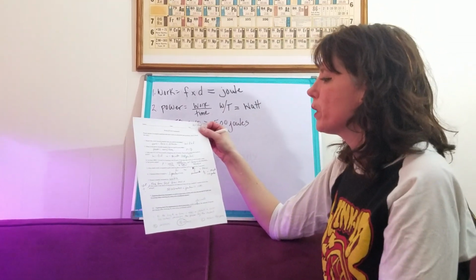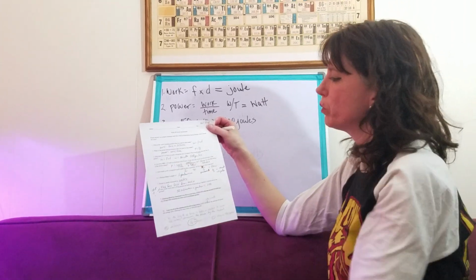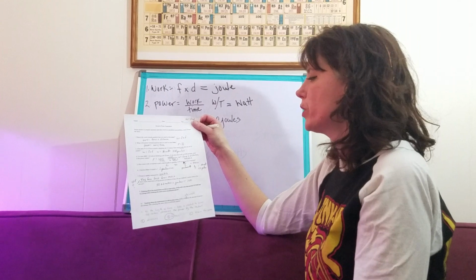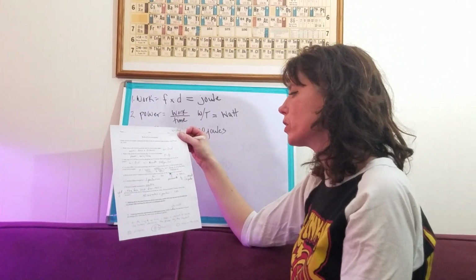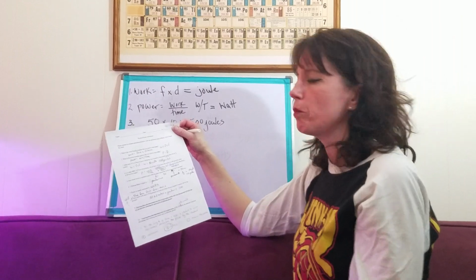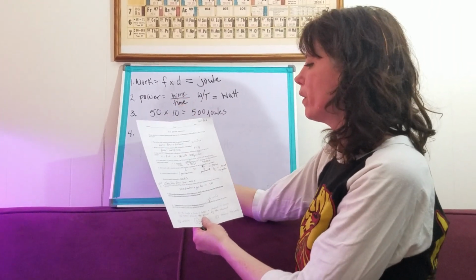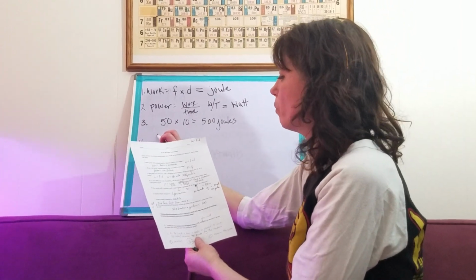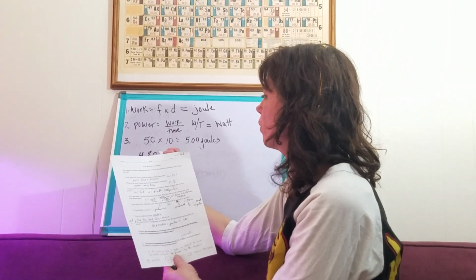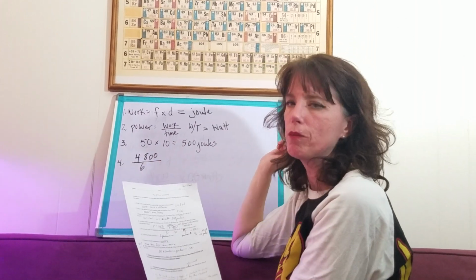Number four, Liz does 4,800 joules of work, note J for joules, in climbing a set of stairs. If she does the work in 6 seconds, what is her power input? So now you have to use the power equation, work divided by time. So her work, 4,800, divided by time, 6 seconds to do it.